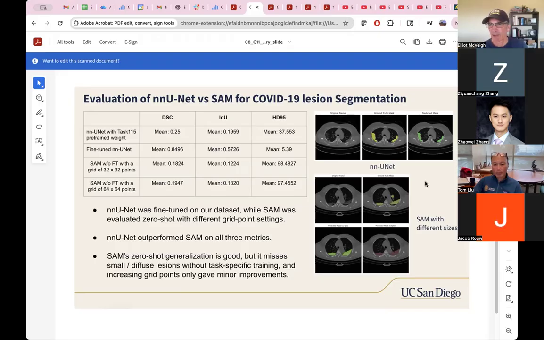Perhaps there were small independent lesions that were picked up by the nnUNet that weren't originally picked up, or it extended to 3D volumes. Another way of phrasing the question is, how did the original UNet fail in ways that the fine-tuned UNet fixed?